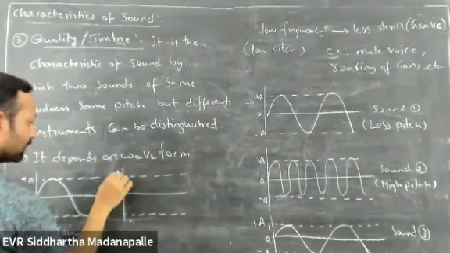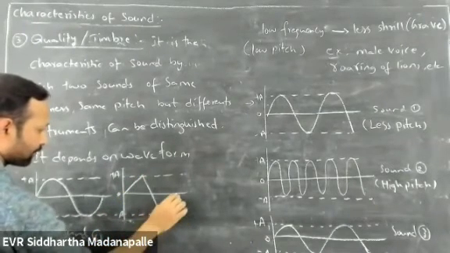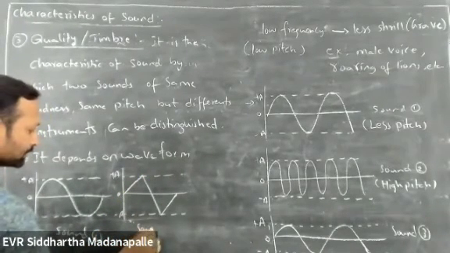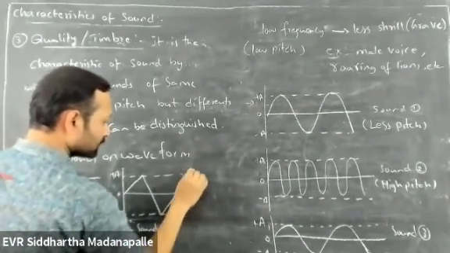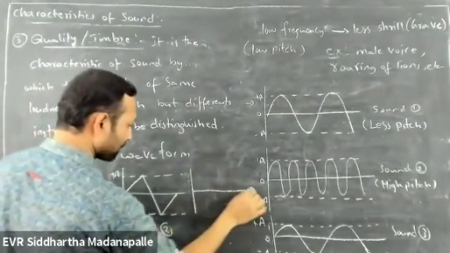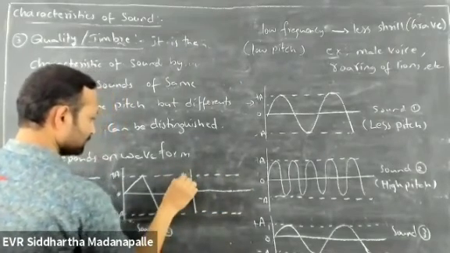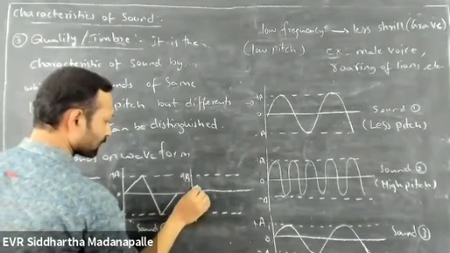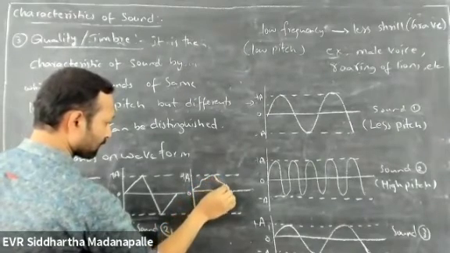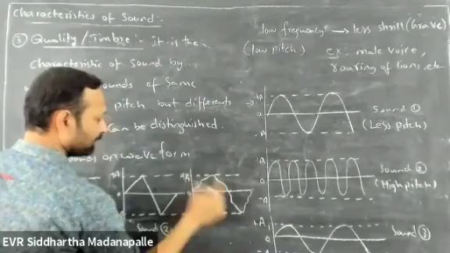Same loudness means it is nothing but same amplitude, and this is the sound 2 here, right? Let us take another example also. Same loudness, plus A, and this is minus A here. Same formula, same form.